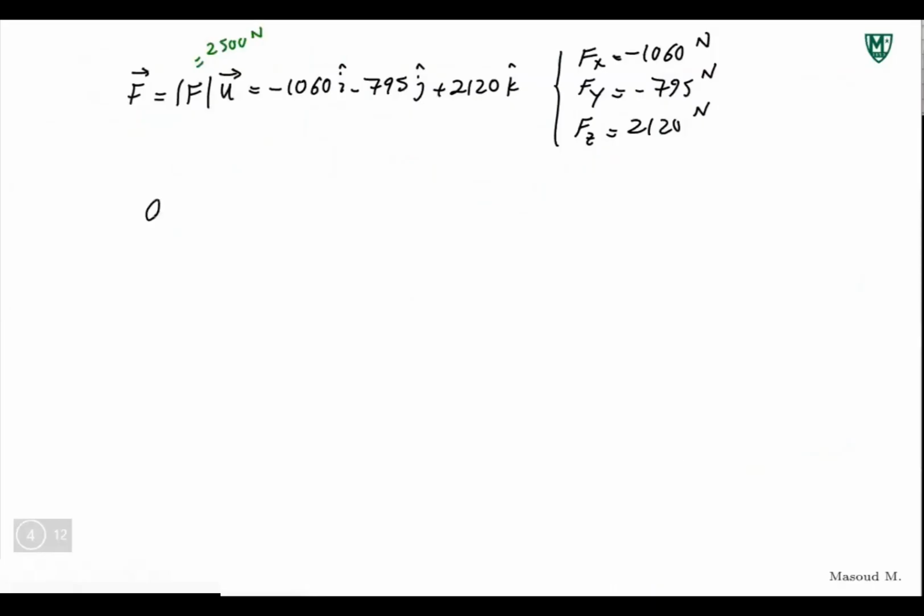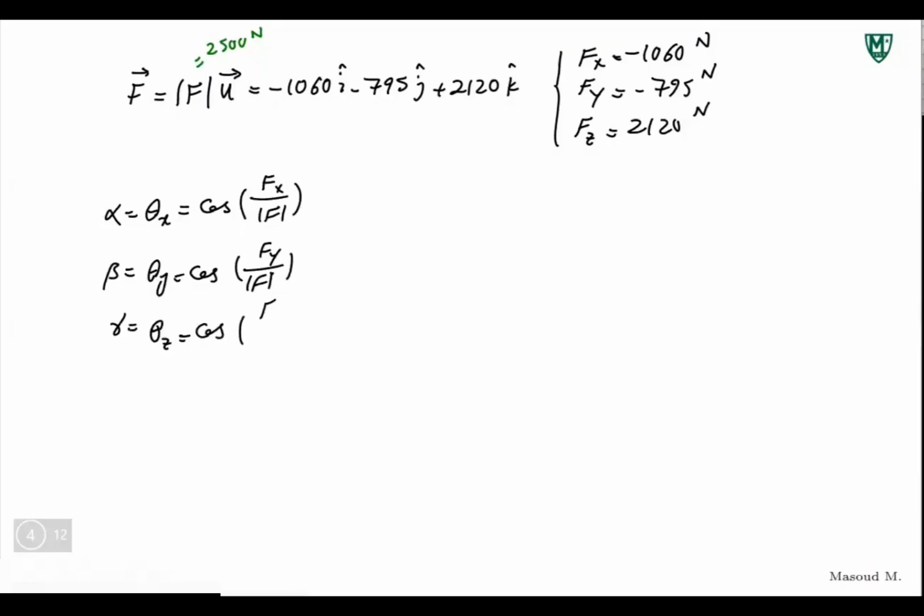You can just find theta x, the angle the vector creates with the x direction, would be cosine inverse of Fx over the magnitude of F. Theta y would be cosine inverse of Fy over the magnitude of F. And theta z, remember theta x, theta y, theta z, I introduced them also as alpha, beta, and gamma. Well, they're the same, depending on which textbook you pick up. They might have used either of these notations.